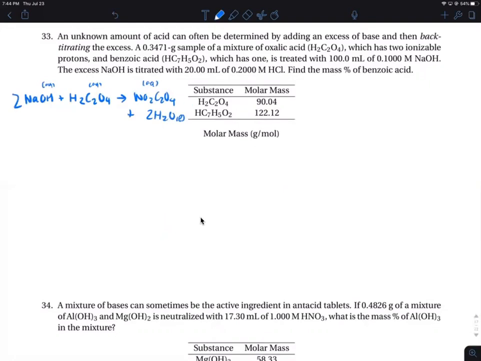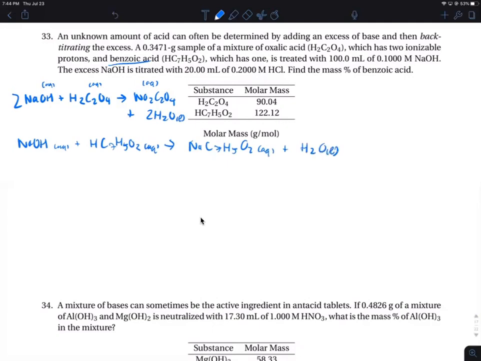And then we also have benzoic acid. So it's NaOH plus HC7H5O2 form NaC7H5O2 and water.